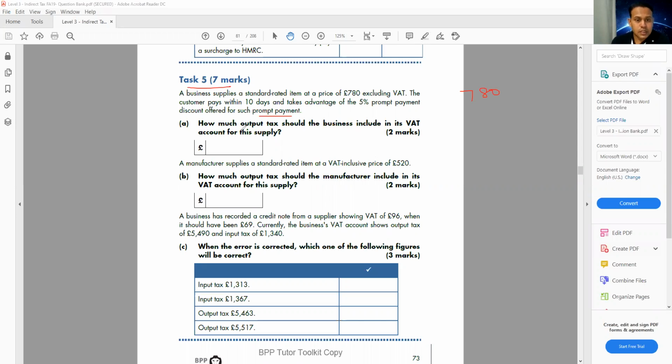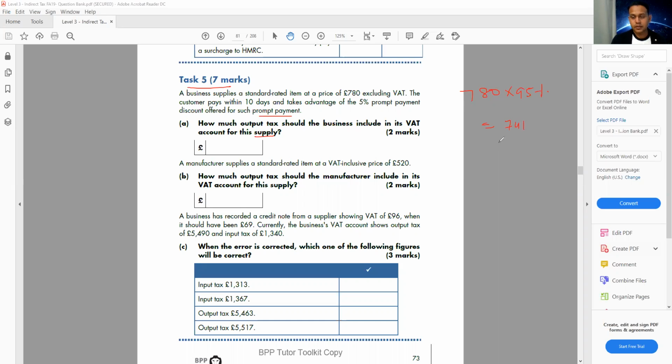How much output tax should the business include in the VAT account for the supply? So how much will be the actual VAT? Now 780 is 100%, but we give a 5% discount, so actual sales will be 95%, isn't it? If we calculate that, 780 times 95% is 741.